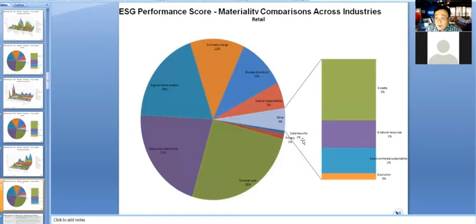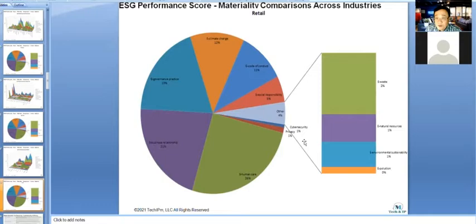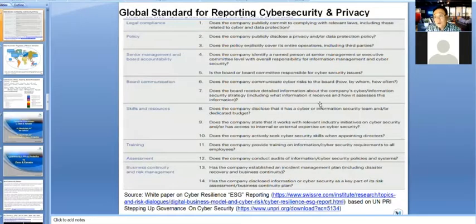This implies that we need to develop some standard for how you actually report your performance in cybersecurity and privacy protection measures. Here is a research paper on cyber resiliency reporting, related to the United Nations and PLI, on stepping up governance on cybersecurity matters.